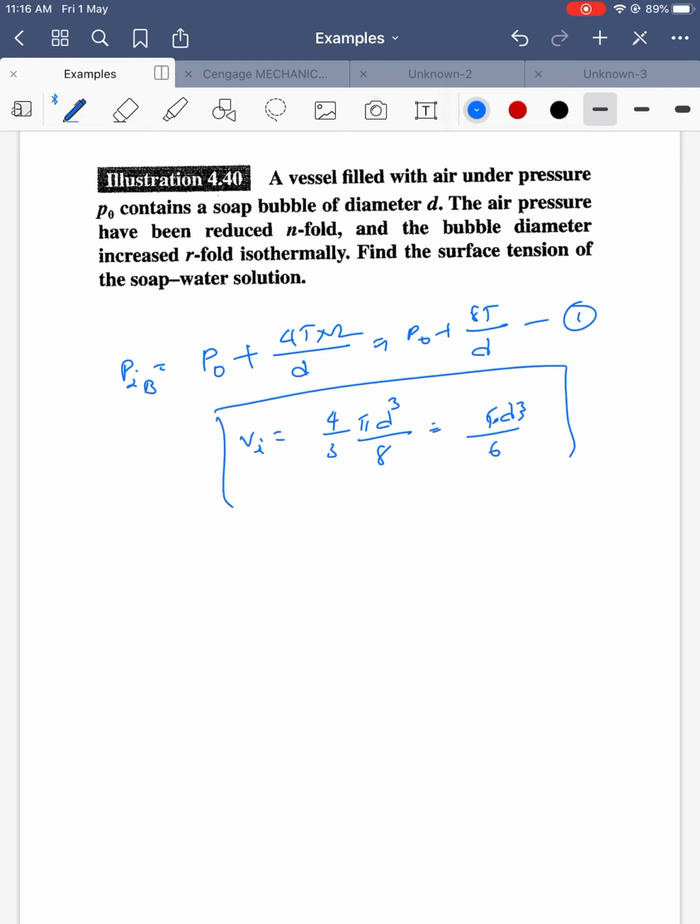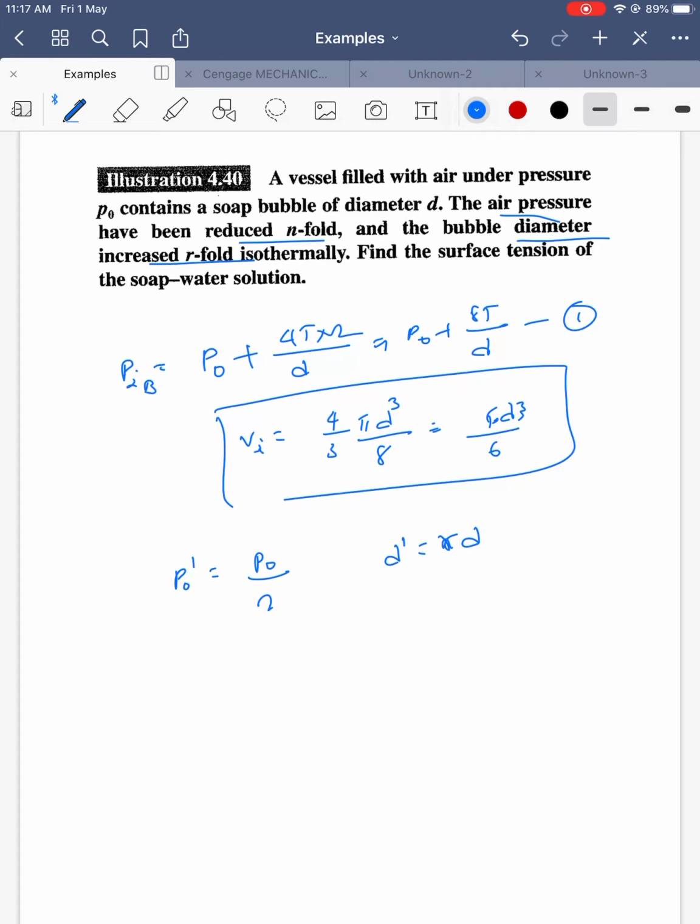Now, the air pressure has been reduced n folds, so the outside pressure P0 prime is P0 by n, and the bubble diameter is increased by r folds, so d prime is equal to r times d. Find the surface tension of the liquid. He is asking us to find the surface tension.